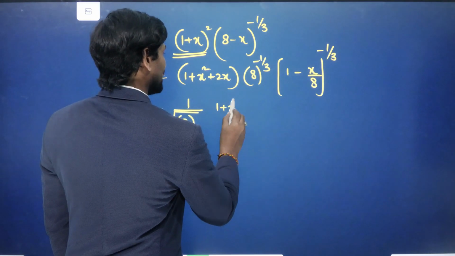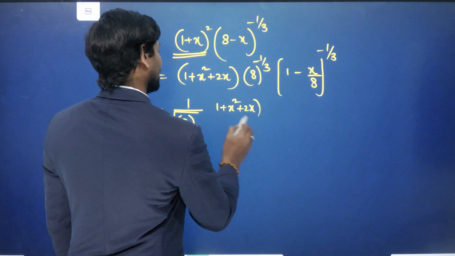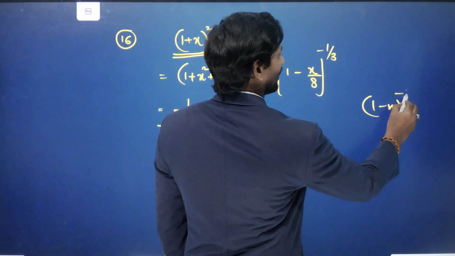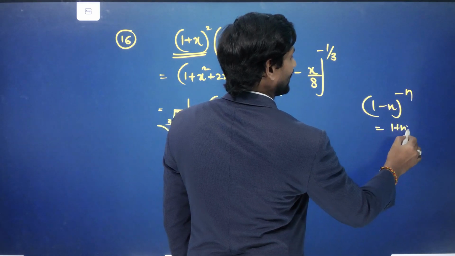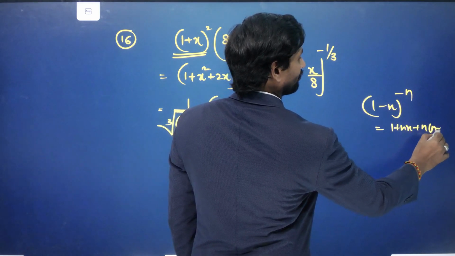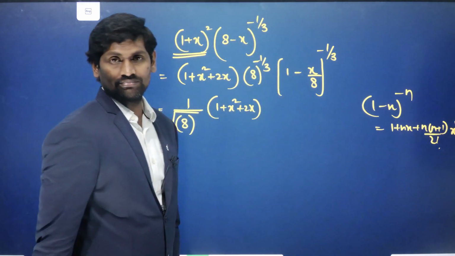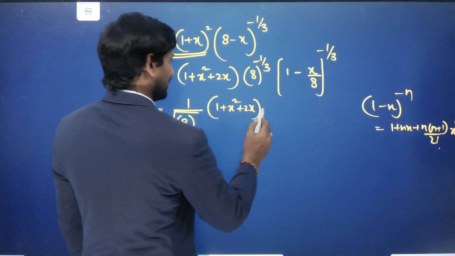And here 1 plus x square plus 2x. Now it is in the form of (1 minus x) whole to the power of minus n, which is 1 plus nx plus n into (n plus 1) by 2 factorial into x square, and so on will come. Same format while you are observing here.